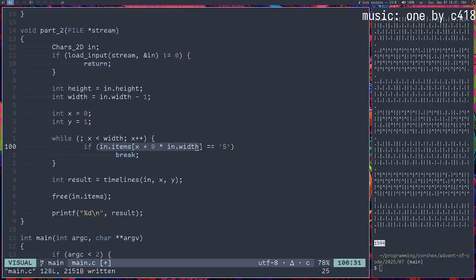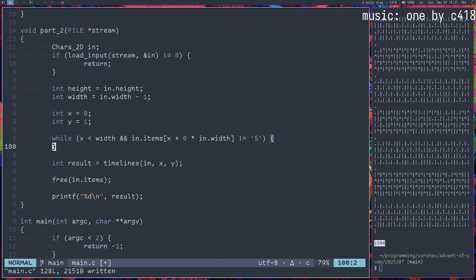While x is less than width and in items does not equal s, x plus plus. This is pretty. I like this prettiness. I like how pretty this is. Whatever. So we got the coordinate where the splitter starts, basically. I can just remove this, really.